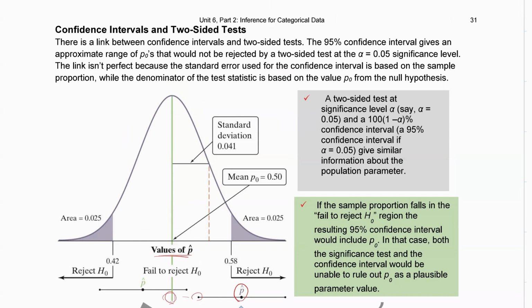In other words, every single p hat value that happens to be in the reject H naught area is also having a confidence interval that doesn't reach back to the proposed population proportion. But if a p hat value is in the fail to reject area, this vast middle here, its confidence interval would be enough to capture that true value.